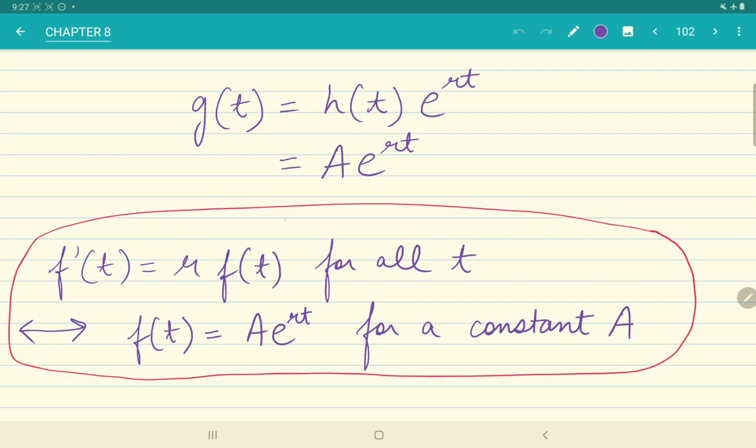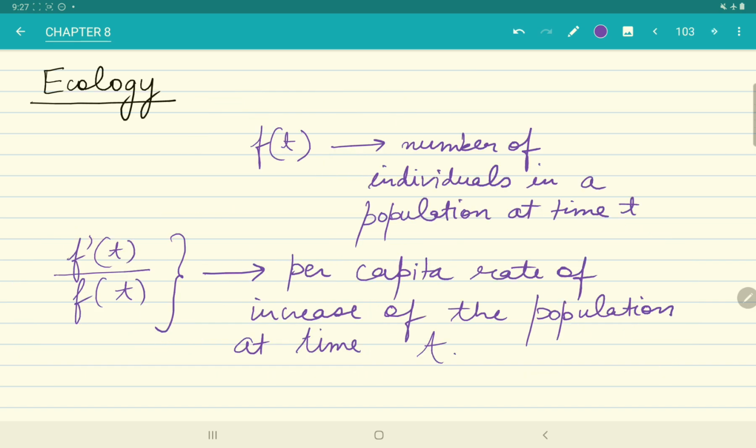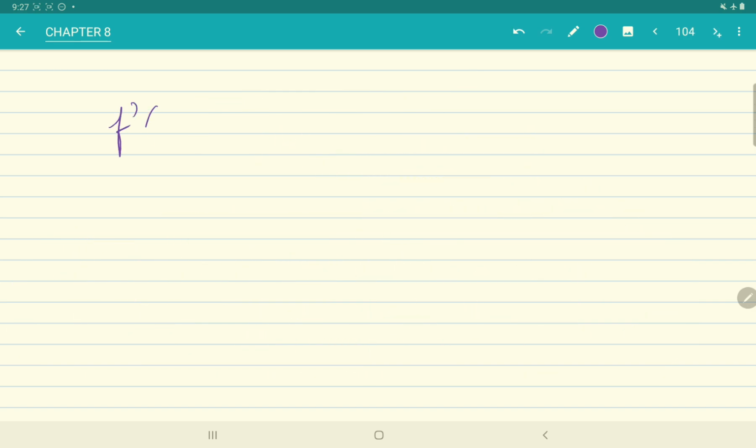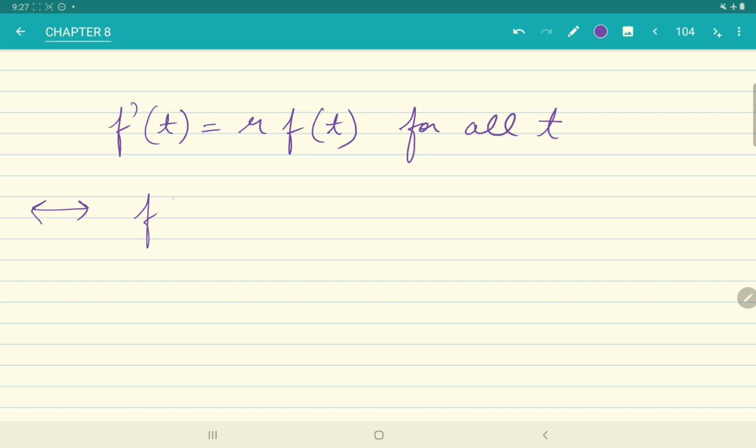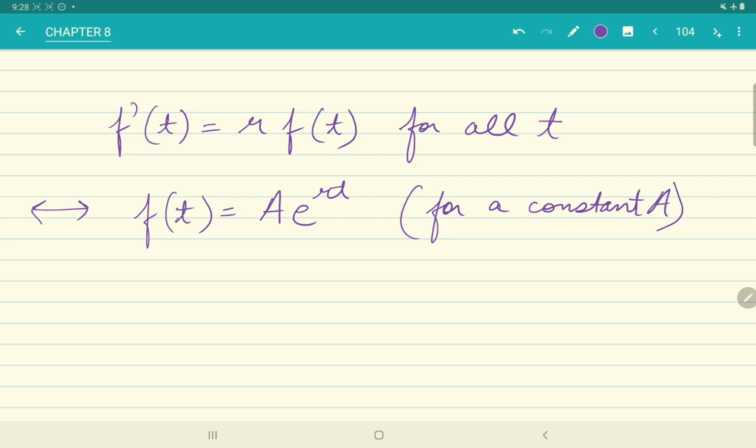If I think of this f prime t, let me write this here, f prime t is equal to r f of t, and we know this is the case for all t if and only if f of t is equal to a e raised to the power rt for a constant a. This is exactly what I had written earlier.